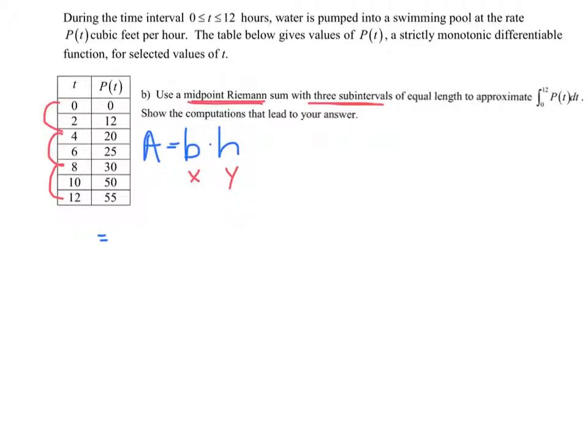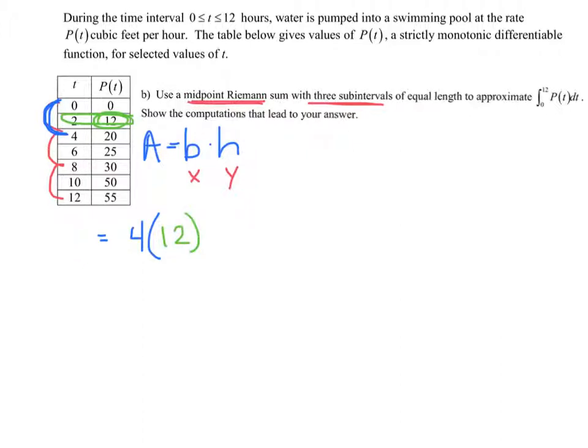So we're going to approximate this area by breaking it into 3 rectangles. The first one goes from 0 to 4, so the width of my rectangle, the base, would be 4. And the height I get from my middle y value, which is this y value right here, the 12.